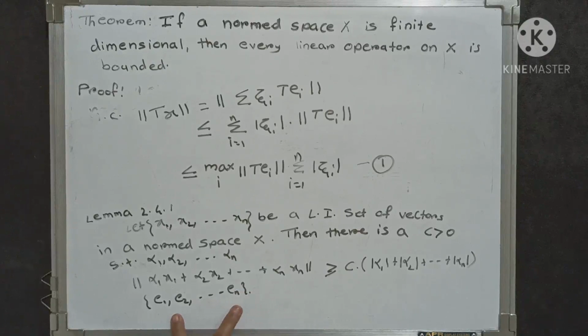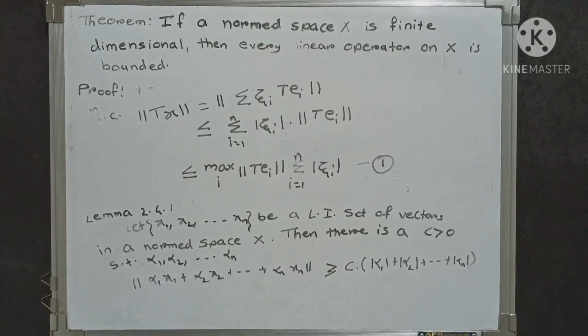Now this is a linearly independent set of vectors in a normed space X. Then by using this lemma, there exists a C greater than 0 such that for any scalars alpha 1, alpha 2 up to alpha n, we have the norm of alpha 1 x1 plus alpha 2 x2 up to plus alpha n xn.